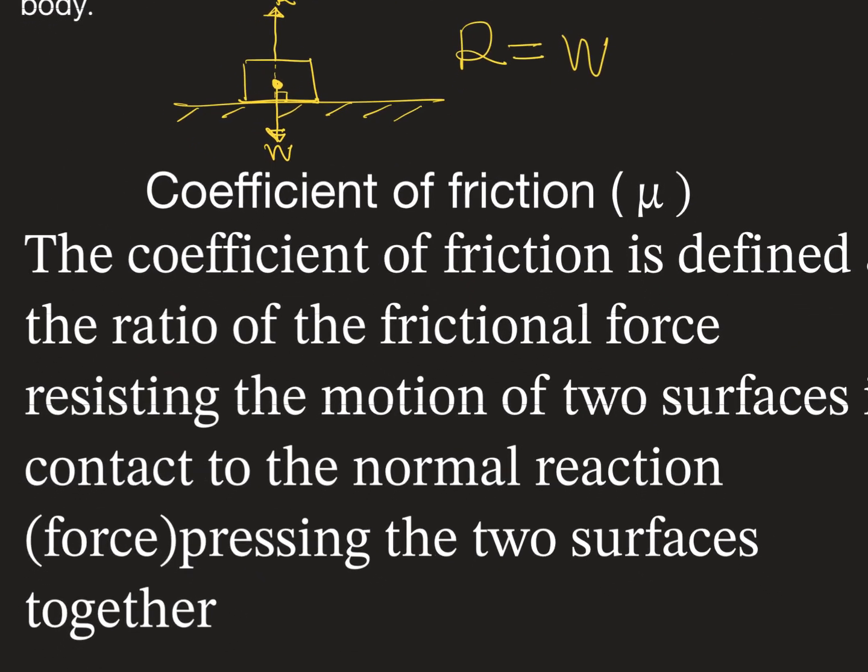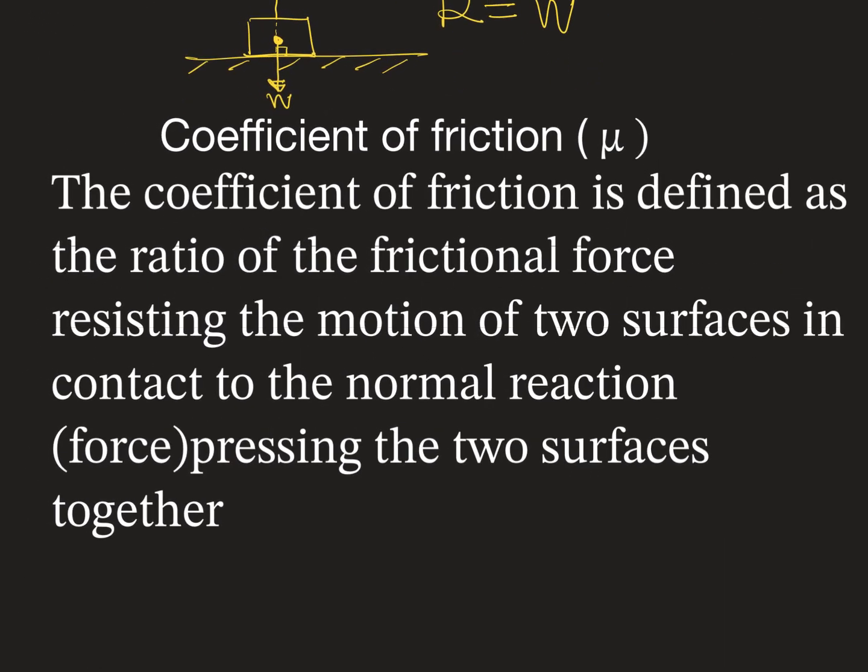Moving on to another term is the coefficient of friction, otherwise called mu. This is a Greek symbol called mu. All right. Now, what is the coefficient of friction? The coefficient of friction is defined as the ratio of the frictional force resisting the motion of two surfaces in contact to the normal reaction pressing the two surfaces together.